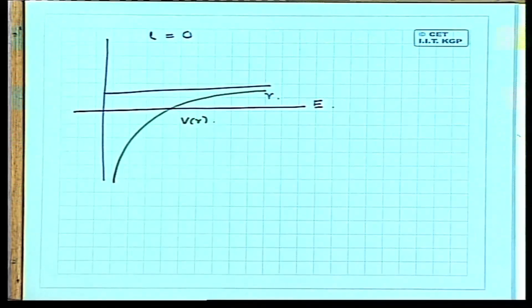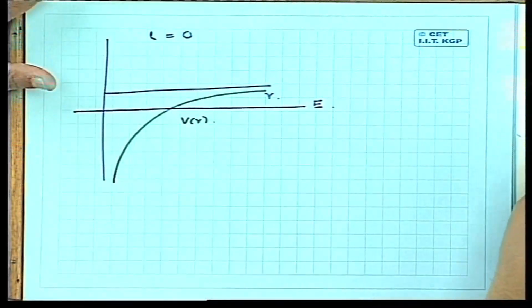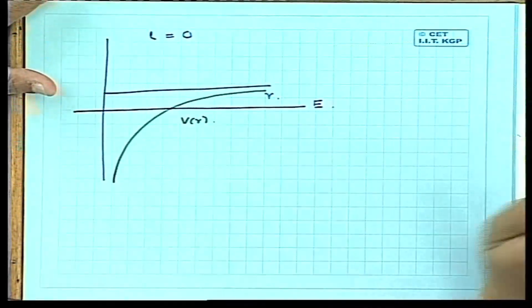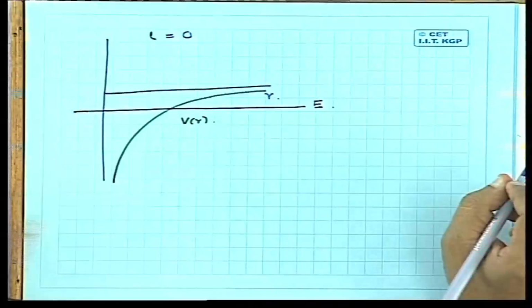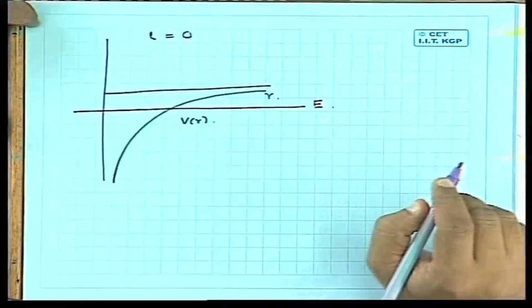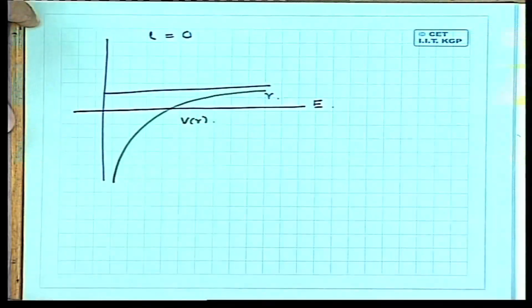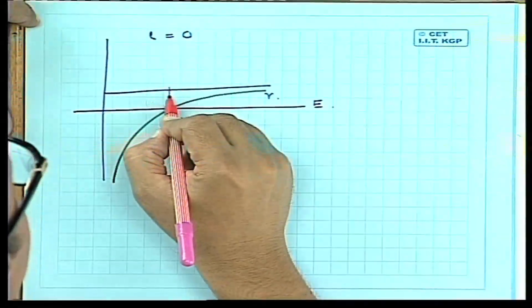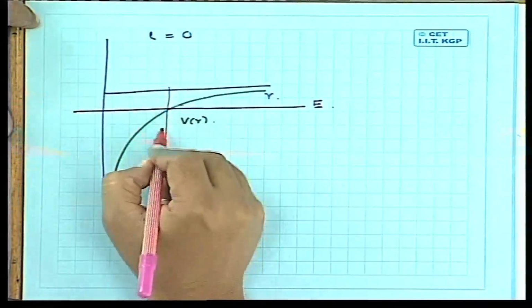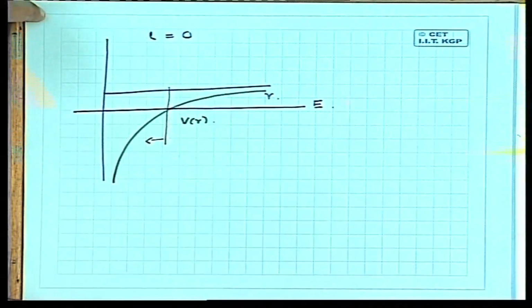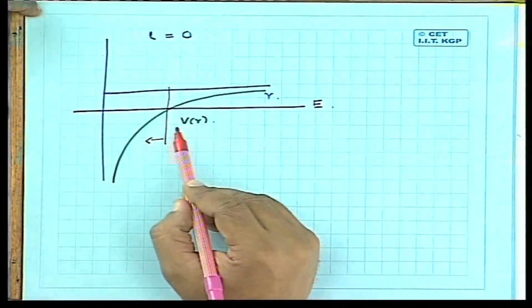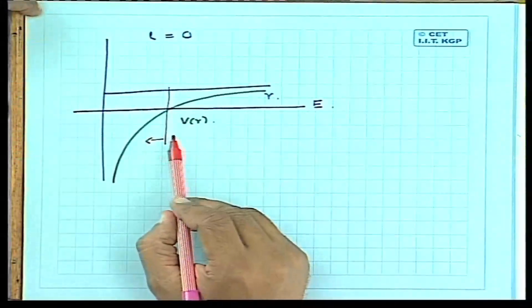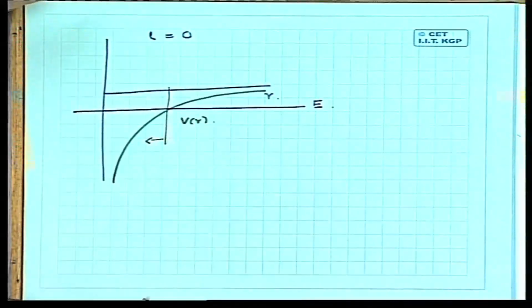Now from our analysis of the one-dimensional problem, what have we learned? We know that classically the region accessible to the particle is over here to the left. This is the classical region, and over here classically you would not expect the particle to be found.